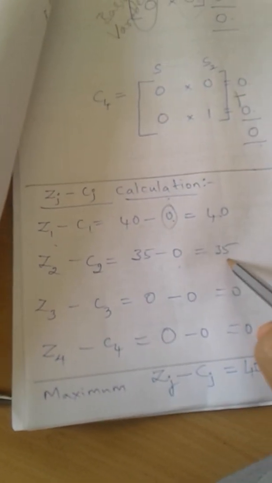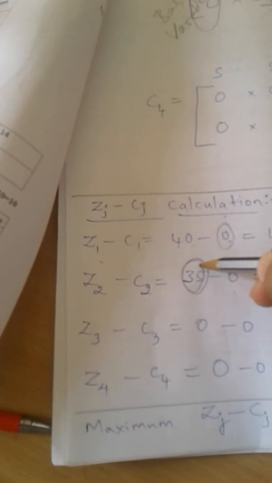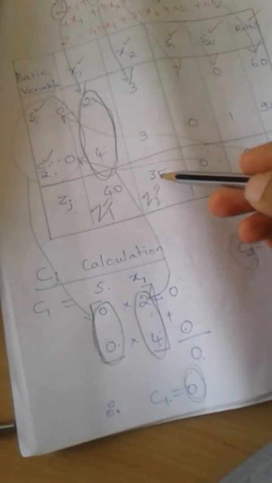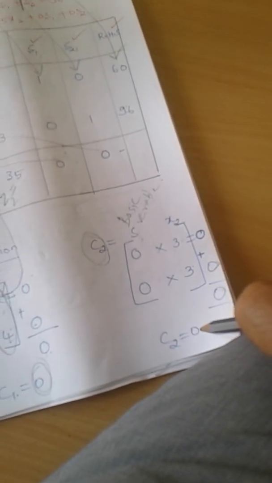Similarly, 35 minus 0 is 35. How do we get this? 35 is Z2, and C2 is equal to 0. So that is the reason Z2 minus C2 is equal to 35.